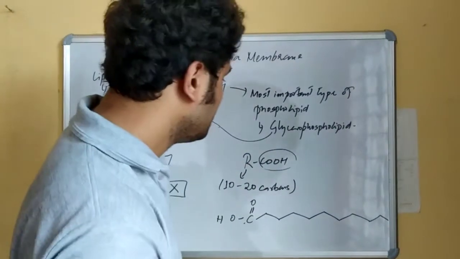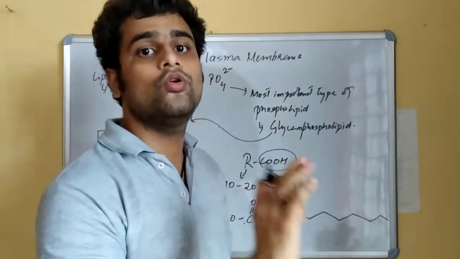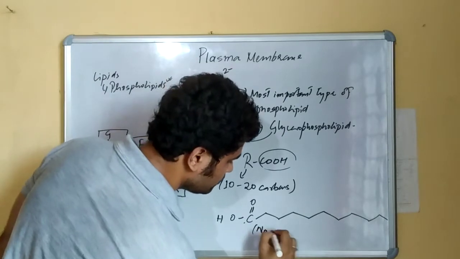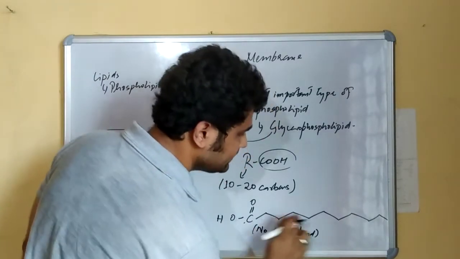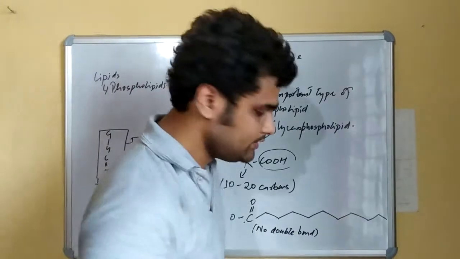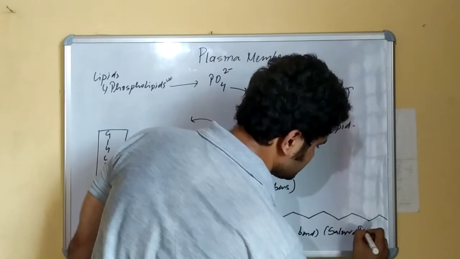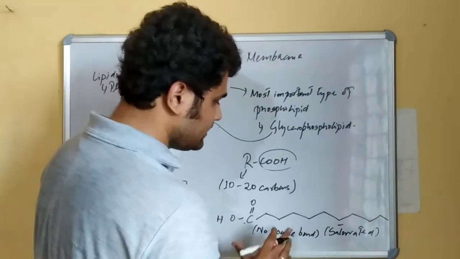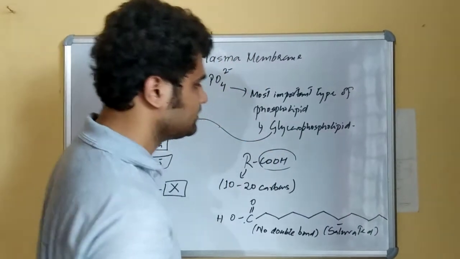Now, if there are no double bonds in this carbon chain, then this is a saturated fatty acid. Saturated fatty acid means that in this carbon chain there are absolutely no double bonds.